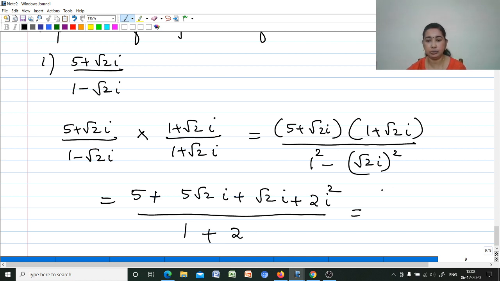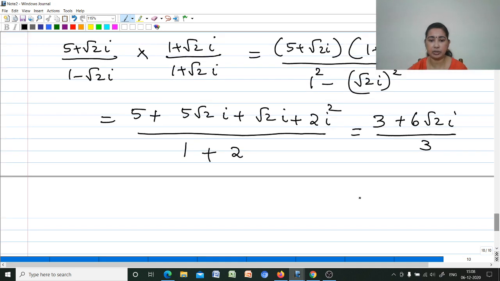Here i square is minus 1, so 5 minus 2 is 3, plus 6 root 2i, divided by 3. 3 is common in the numerator and denominator, so you get 1 plus 2 root 2 into i.